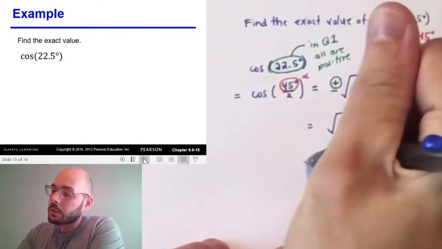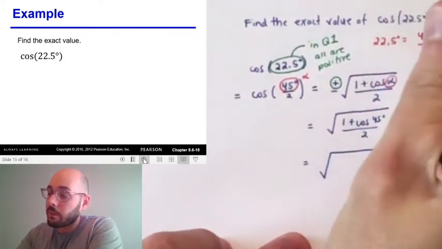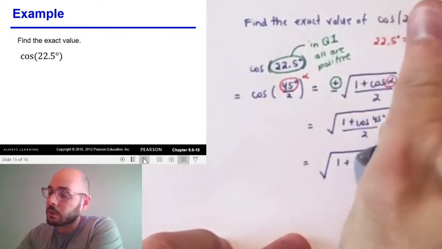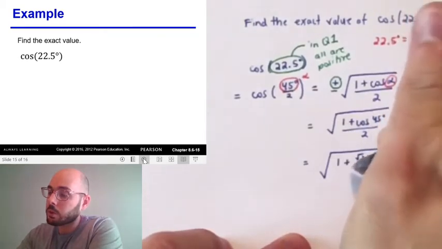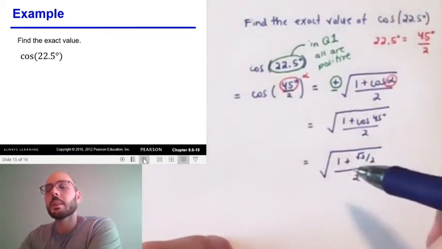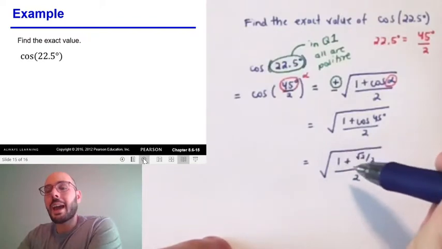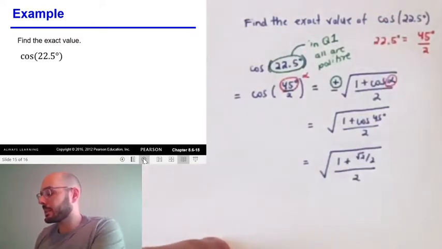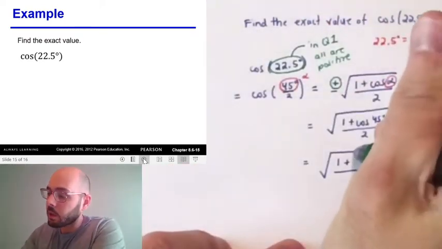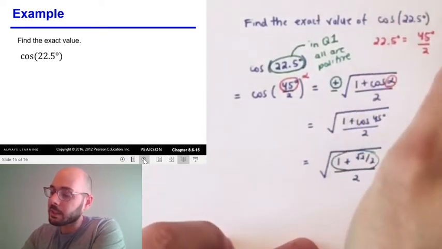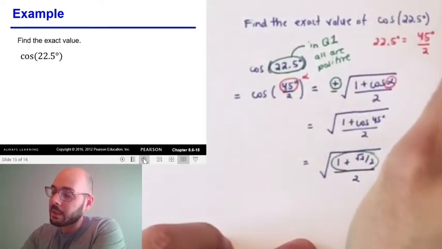So I'm going to figure out first what cosine of 45 degrees is. We know that that's square root 2 over 2. And then what I want to do is add these two things together on the inside. So our goal really now is just to simplify this. So we want to add together.